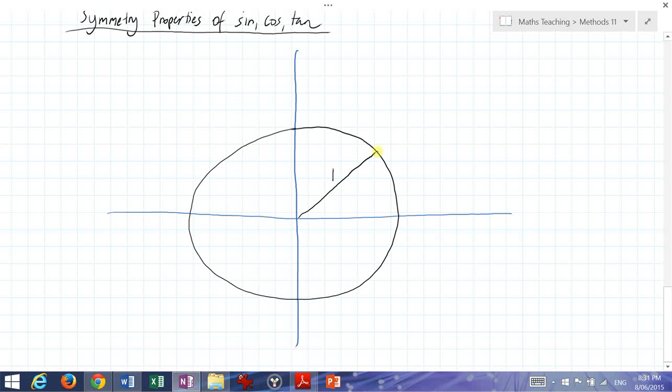Let's pretend that we have a point who has an x value of x and a y value of y. Okay? So that's the coordinate x, comma, y. It's drawn at an angle of theta, 30 degrees, 20 degrees, 45 degrees from your x-axis, from the positive x-axis.